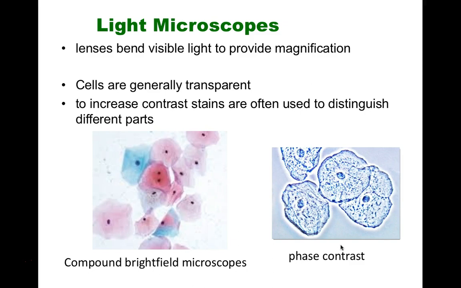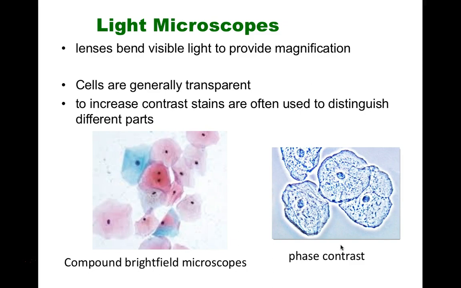There are other types of microscopes that use visible white light as a source of illumination, but they have slightly different configurations that alter the pathway of the light so we can still get some contrast to our image, but it does not require a stain. And that example is on the right hand side in what we call a phase contrast microscope.